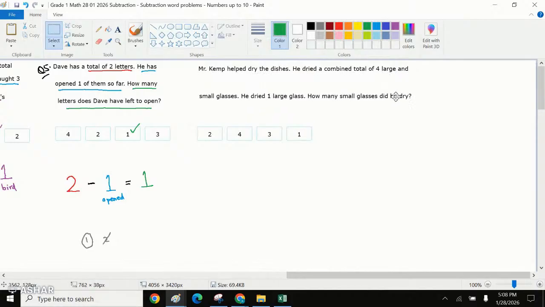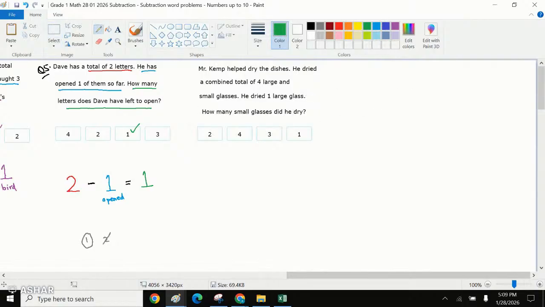Let me just realign this. He dried a combined total of 4 large and small glasses, right? Total of 4. Question number 6. The total was 4, which included large and small glasses, right? That means 4 should subtract the number. He dried 1 large glass.